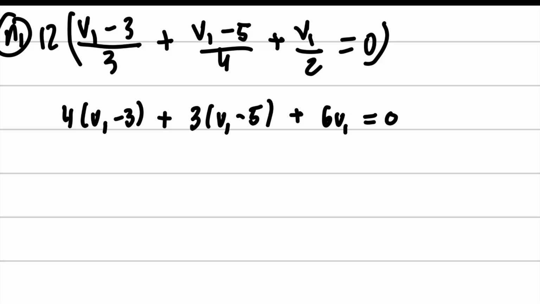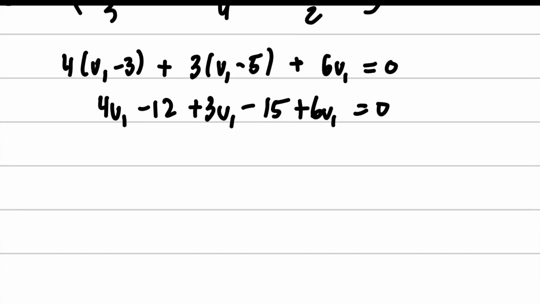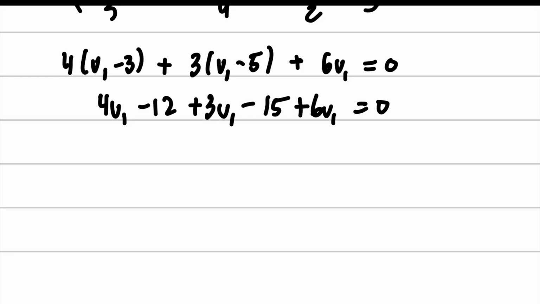So we're going to do 4V1 minus 12 plus 3V1 minus 15 plus 6V1 equals 0. And we're going to get 13V1 equals 27.